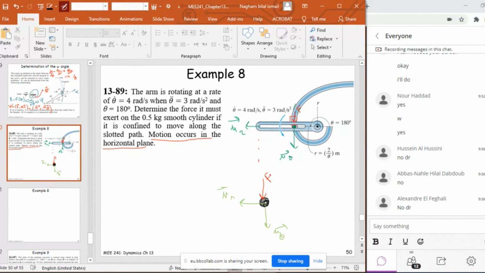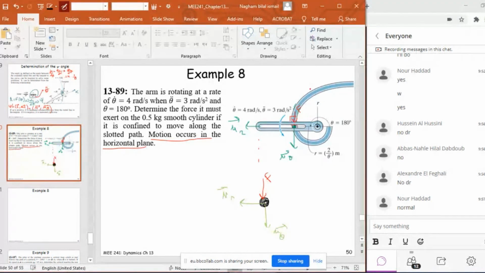Now, guys, what is the second force exerted on this cylinder? The normal force, perfect, Noor. This normal force is the normal force exerted by the slotted path on the cylinder.